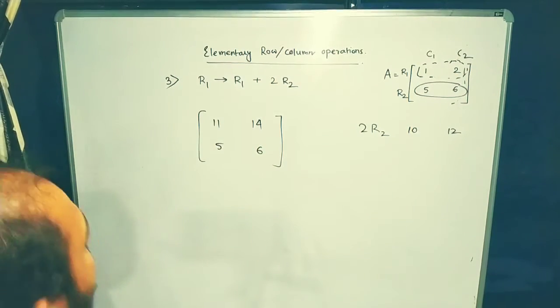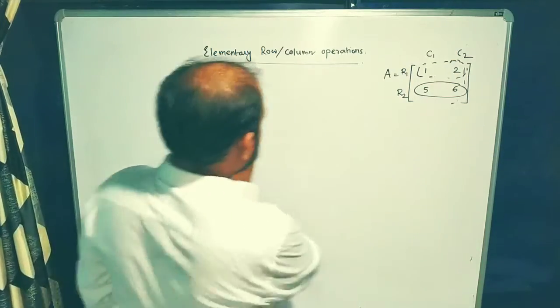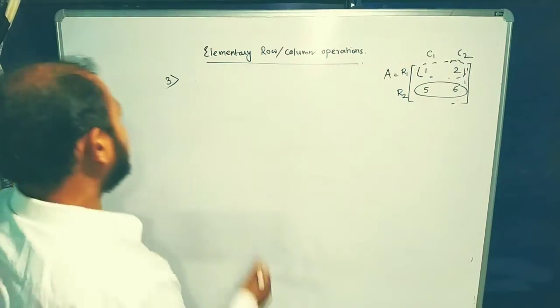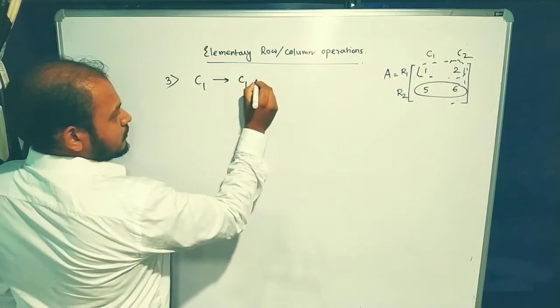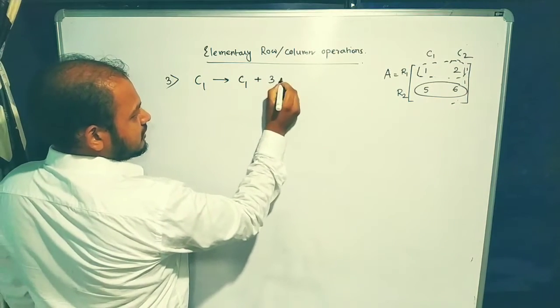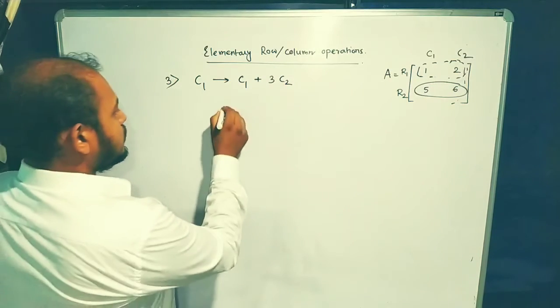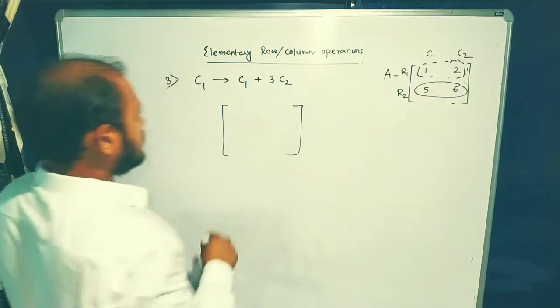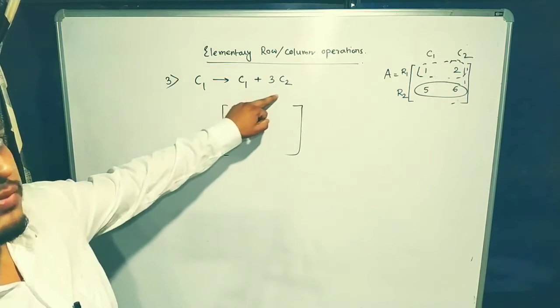It is very easy. Let's look at another example based on the same matrix. Let us say I am trying to make C1 plus 3 C2, for example. So right away we see that C2 remains the same because only C1 is getting changed to something.